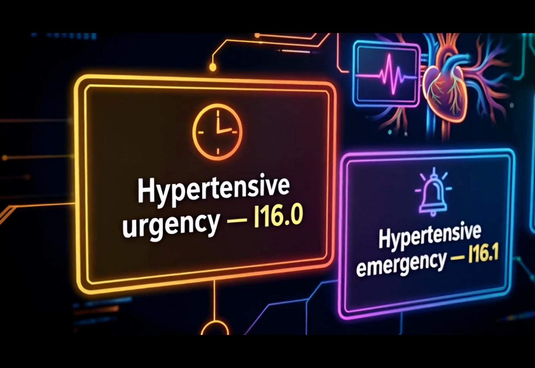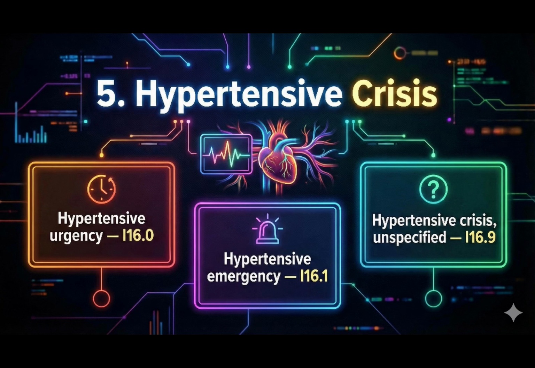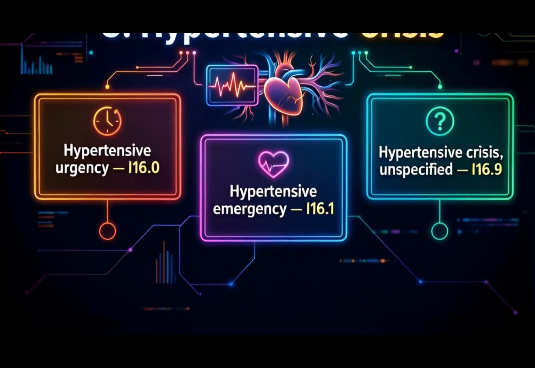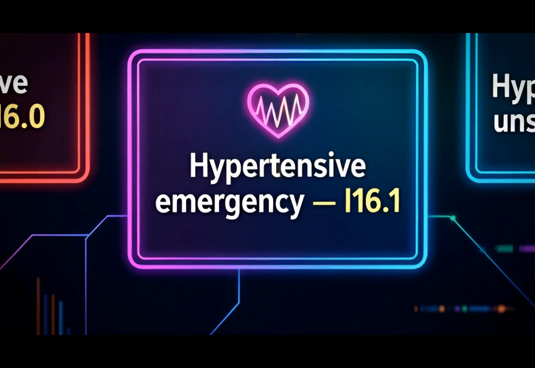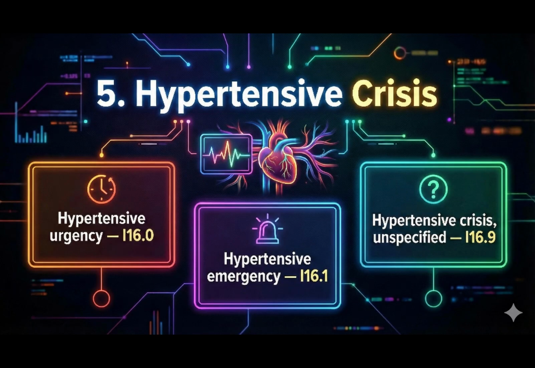I-16.0 is used for a hypertensive urgency, where blood pressure is extremely high but without acute organ damage. I-16.1 is for a hypertensive emergency, a life-threatening condition where severe blood pressure elevation is causing organ damage, such as encephalopathy, stroke, kidney injury, or heart failure.